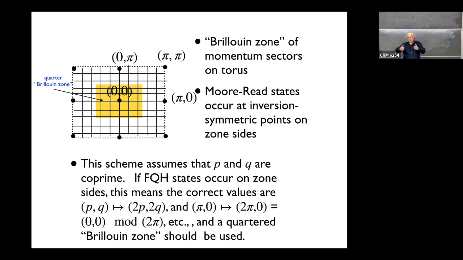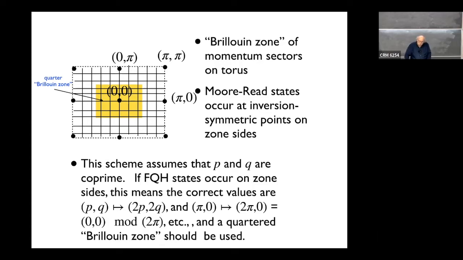So if you've got a primitive repeat distance of L in this direction, the smallest translation you can make is L divided by n phi, the number of fluxes through the torus, which has to be an integer anyway.